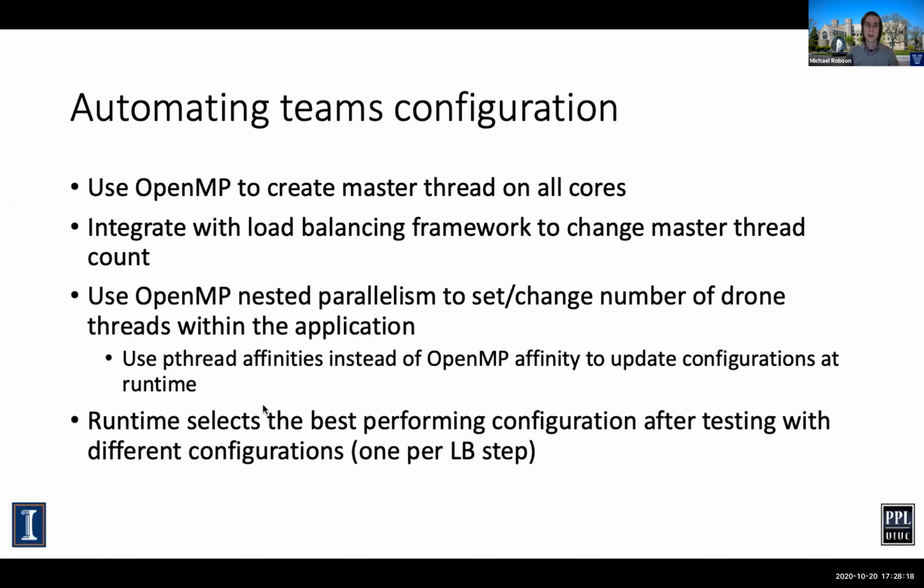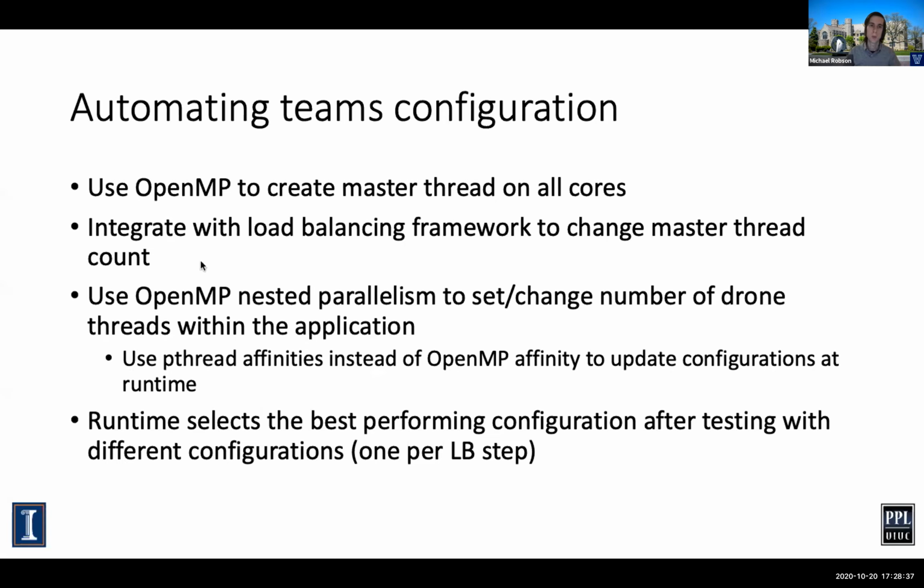So what we ended up doing with this approach is basically fire off OpenMP to create a master thread on all of the cores. Basically have OpenMP set up a master and then spawn subthreads when we need to do the work.